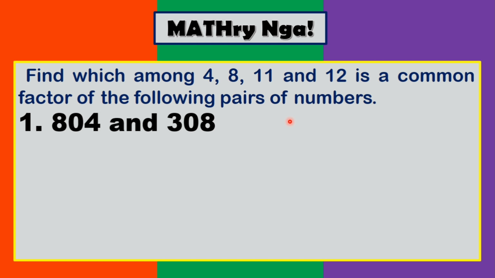When we say common, first thing to do is think of the factors of 804. Is there 4? Is there 8 as a factor? Is there 11? Is there 12 in this number? Then also find the factors or divisible numbers of the other number. If it has 4, 8, 11, and 12, then combine. If they have a common number, that is what you call the common factor.